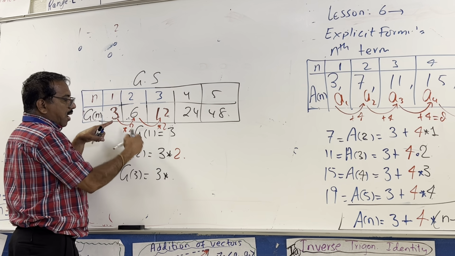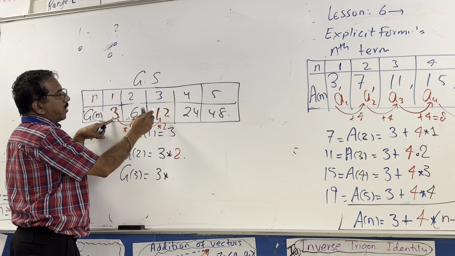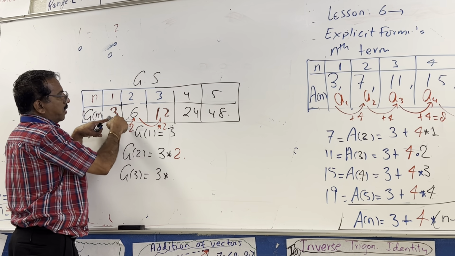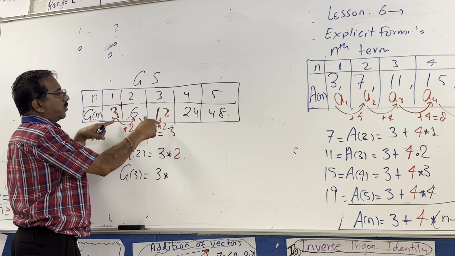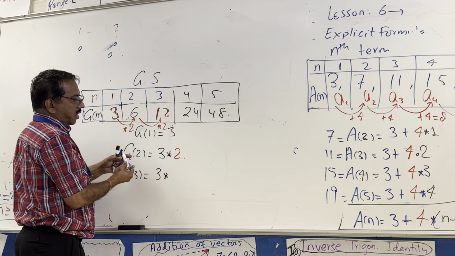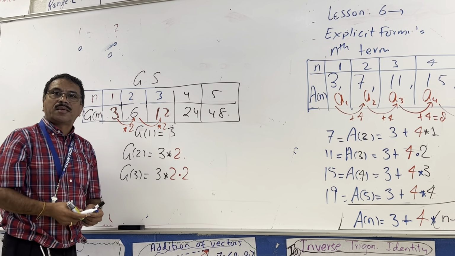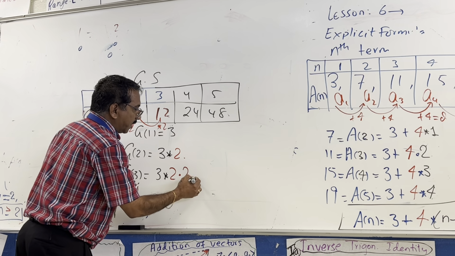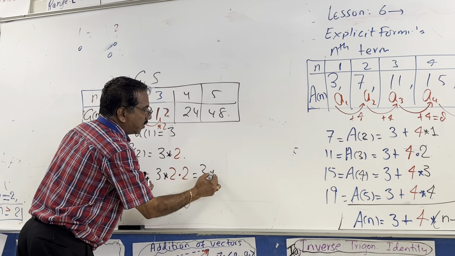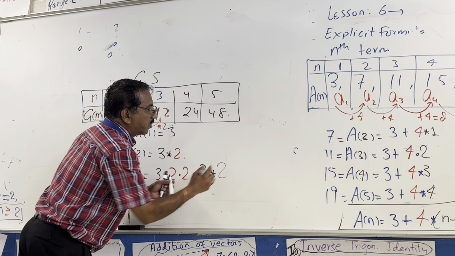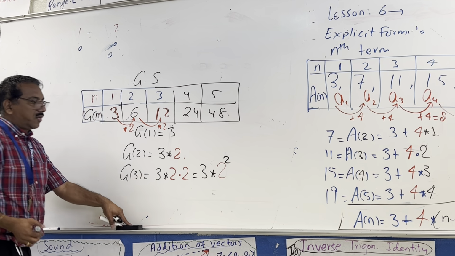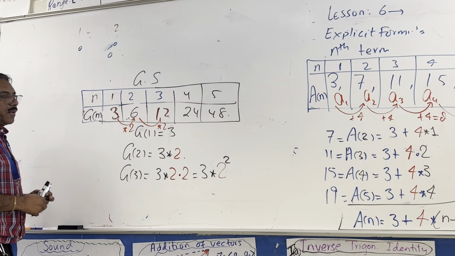So if I begin with 3, how do you end up getting 12? Because you're multiplying by 2 twice. So that's why I say 3, and then 2 times 2, which is 3 times 2 raised to 2. Watch this. So beautiful things happening here.